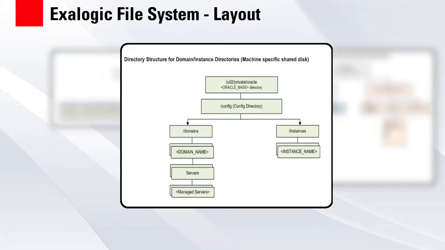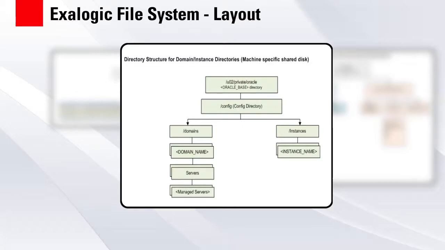This is a node-specific file system local to each node, but created on the ZFS. For example, here you have projects IDM host 1. That is the one file system you create, and you mount it only to IDM host 1 through /u02/local/oracle/config.